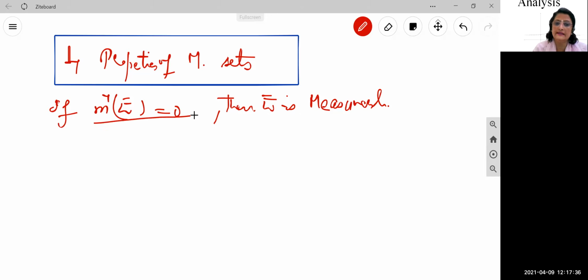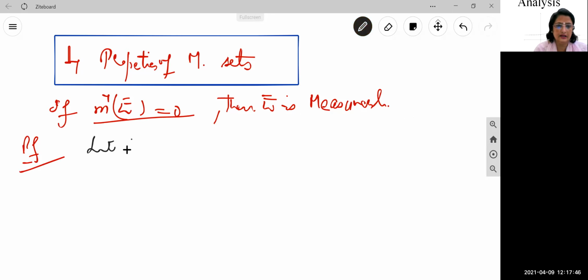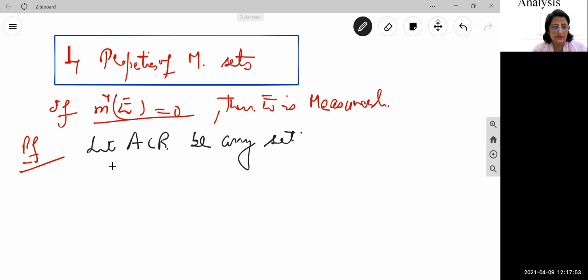अब जिस सेट का मेजर 0 है हमें प्रूव करना है वो सेट क्या है? मेजरेबल है. सो लेट्स कम टू इट्स प्रूफ. लेट A contained in R be any set. ठीक है जी. देखो दो चीजें हैं, तो वन इज A intersection E, the other is A intersection E complement.